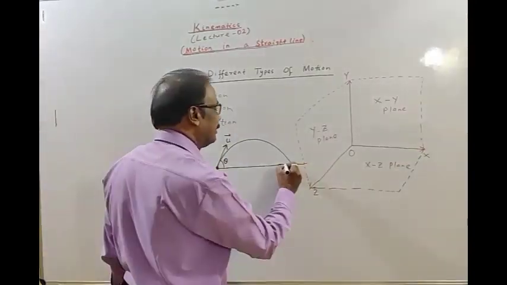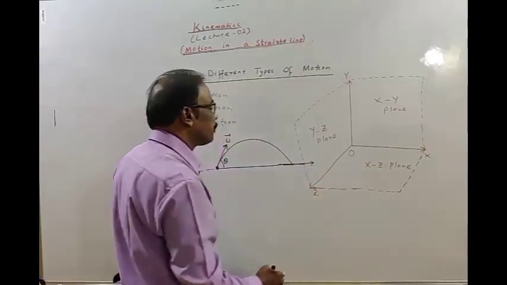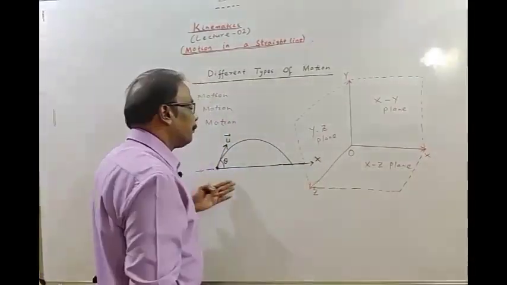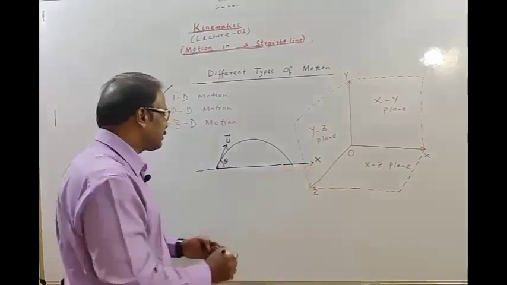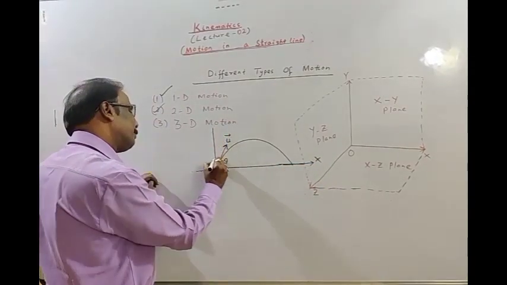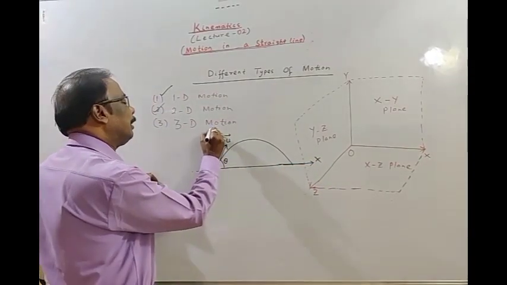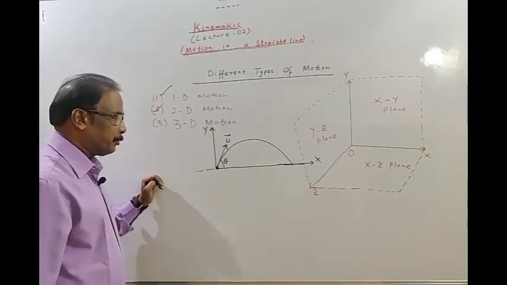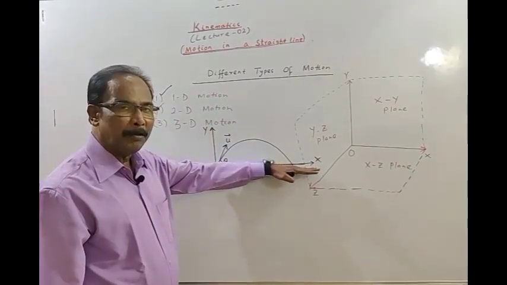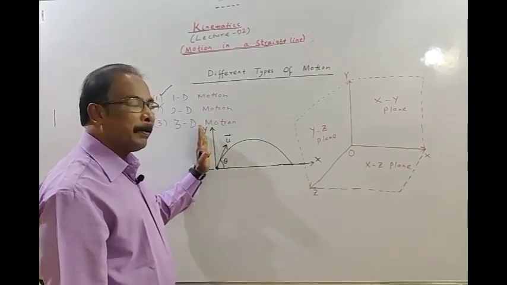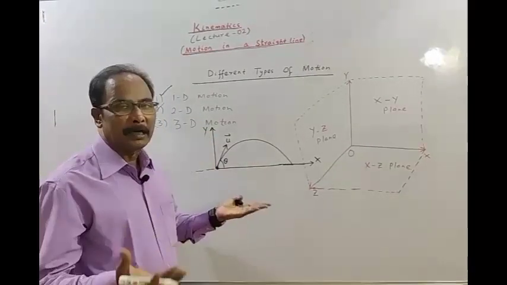Let the line parallel to the surface of earth be the x-axis, and the line perpendicular to the surface of earth, the vertical line, be the y-axis.